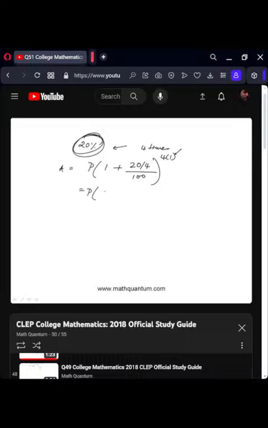That would be 1 plus 5 over 100, so 1.05 to the power of 4. We'll compute that using the calculator.